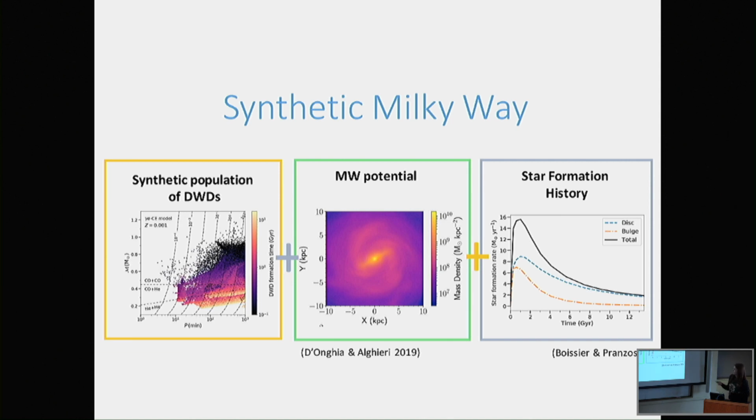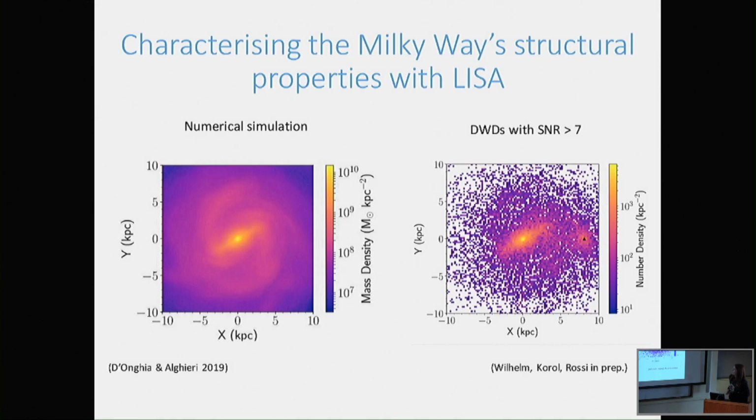I populate this simulation with binaries, and this is the result. So this is a straightforward way to interpret. This is where I start from, and this is what I see with LISA. So all the colored pixels are a number density of LISA detections, and the whites are those pixels where we don't have detections. And you can immediately see the central bar. And perhaps you can also see the hint of the spirals in here.